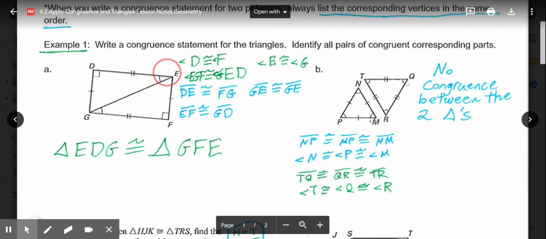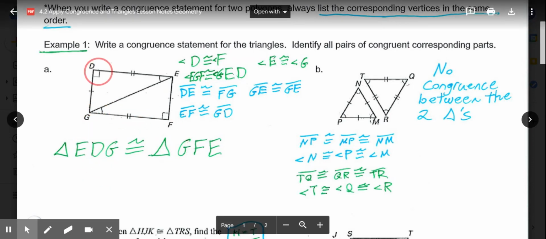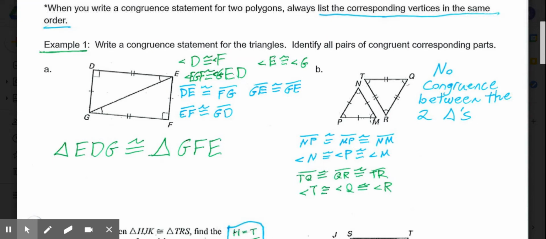So E on this first triangle is congruent to G on the second one. So the second one starts with G. Then D came second. D corresponded with F. So F is second on this one. And then G on the first one corresponds with E on the second. So it'd go G and E. If I would name this DGE, then this would have to go FEG. So you have to match up the corresponding vertices or letters.